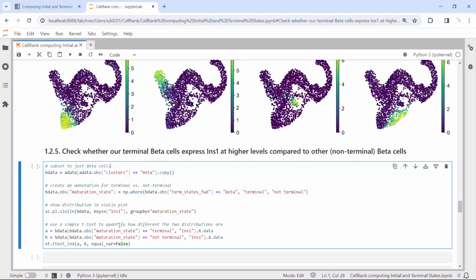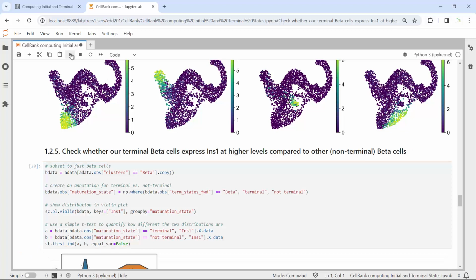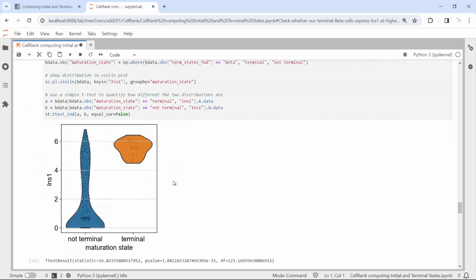Then we can make a violin plot to compare the insulin expression in both cell clusters. Let's run. You can see we generated the violin plot, and the insulin expression in the terminal cell cluster is much higher than the non-terminal beta cells. So again, we use the violin plot to confirm the terminal state for the beta cells. You can do this for other cell types.